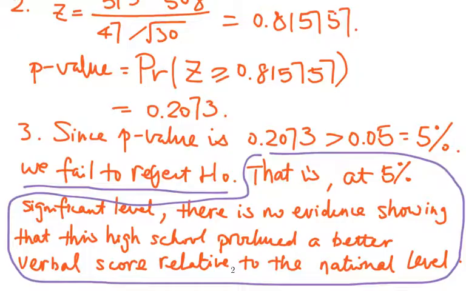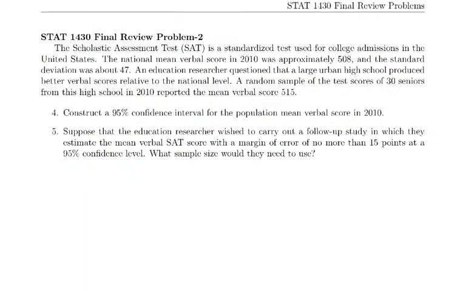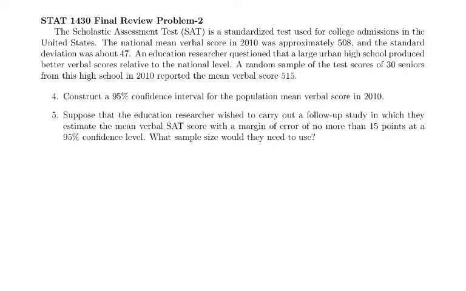Now we go to the next part of this problem. Basically, we have the same setting, but we're going to construct a 95% confidence interval for the population mean verbal score in 2010. Remember that the confidence interval is given by the sample mean plus or minus the critical coefficient, z alpha over 2, times sigma over square root of n.